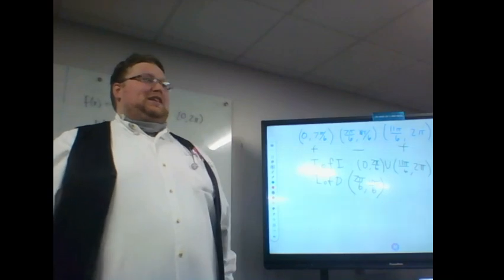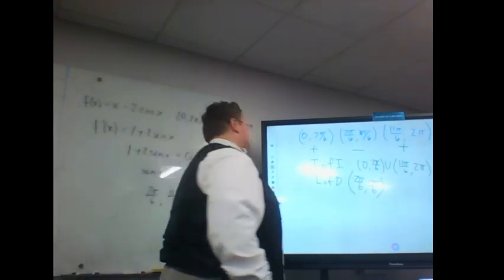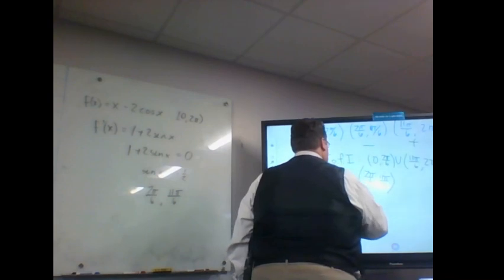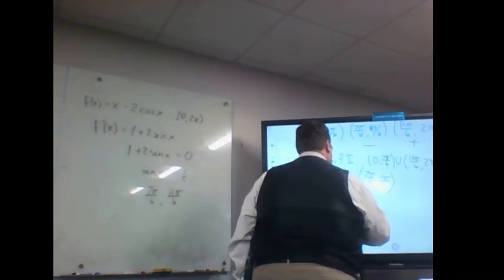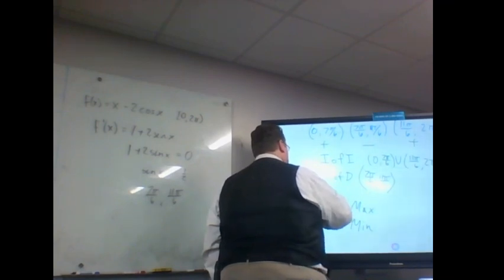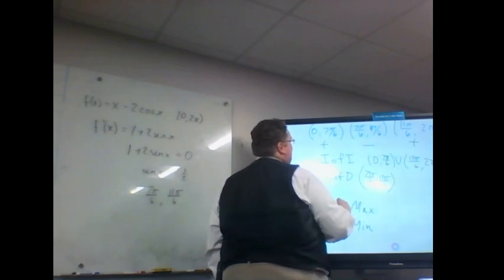For this, let's use the first derivative test. Where would I have a maximum? So remember, these will be guaranteed either local or relative. 7 pi over 6 is a relative max.